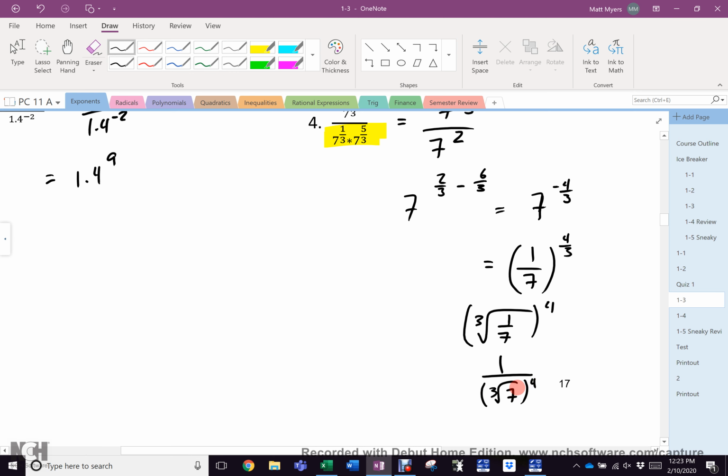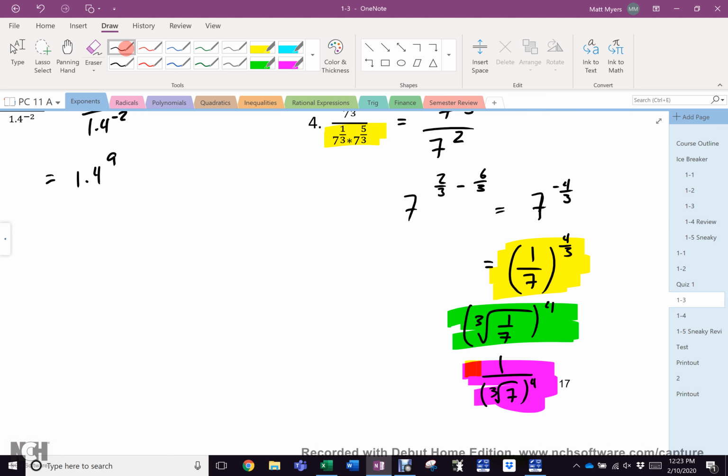We could do even more math with that, but we're not going to, because I could fill up this whole page. You could stop there. You could write 1 over the cubed root of 7 to the 4th.